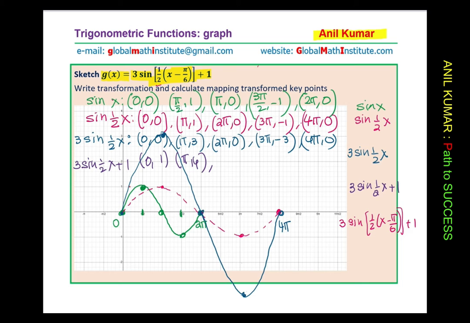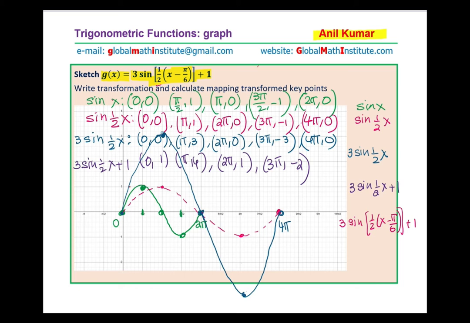We'll see the sketch of the graph on the next page. Okay, so bear with me. So here will be 2 pi plus 1. We are just adding 1 to each y value, right? X value being same. Minus 3 becomes minus 2 and 0 becomes 1. So the axis changes, and this time the major change which happens is that the axis moves up, right?